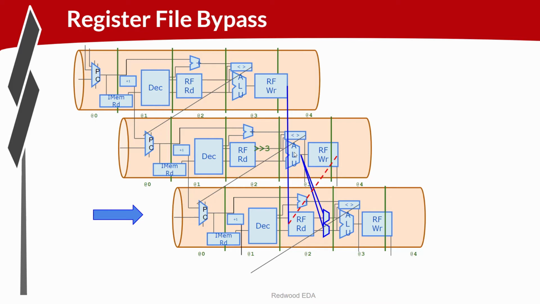And that's an issue only in the scenario where the previous instruction is writing a register that we then need to read in this instruction. Okay, this is a read after write hazard.